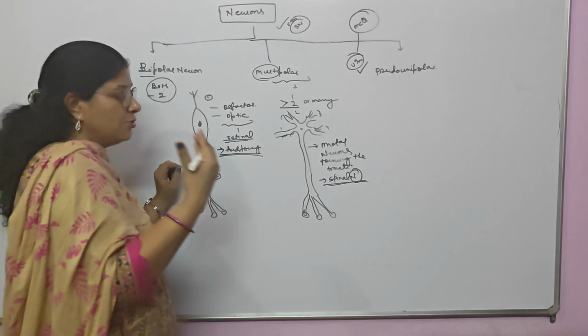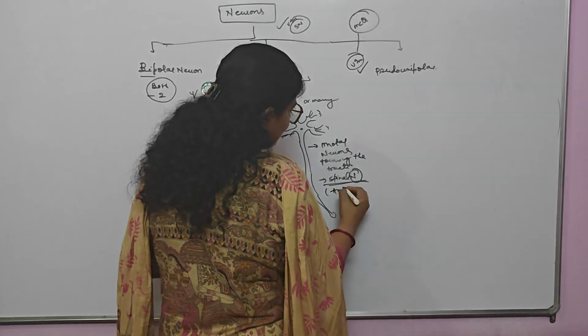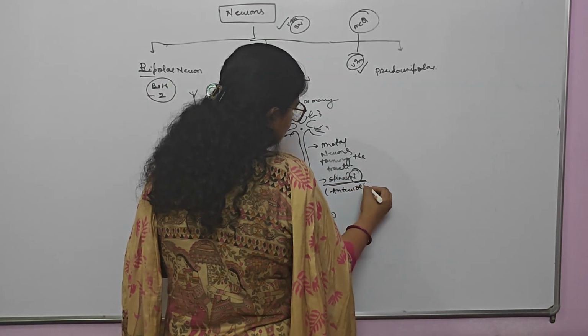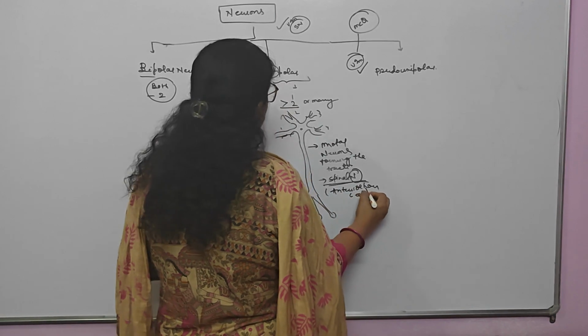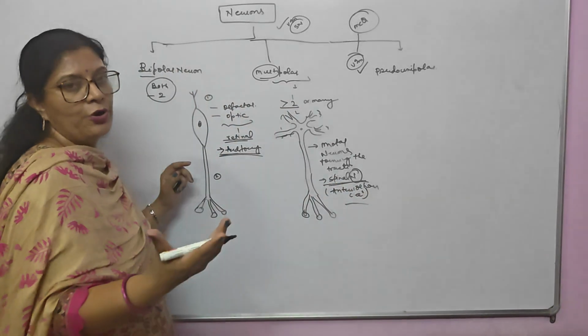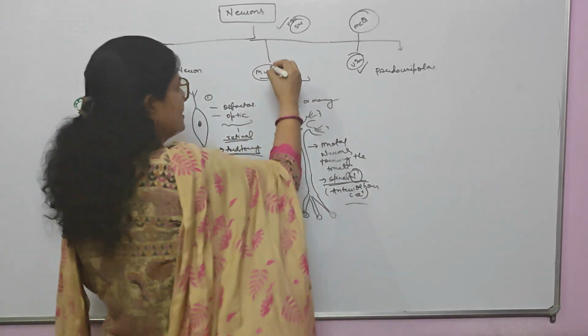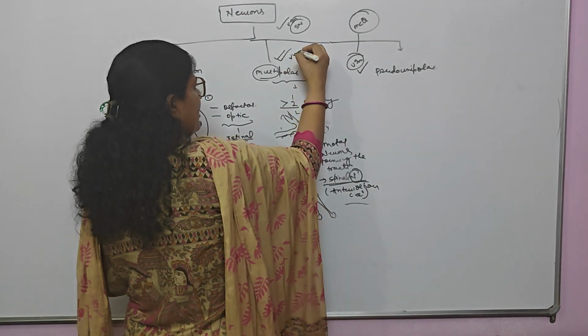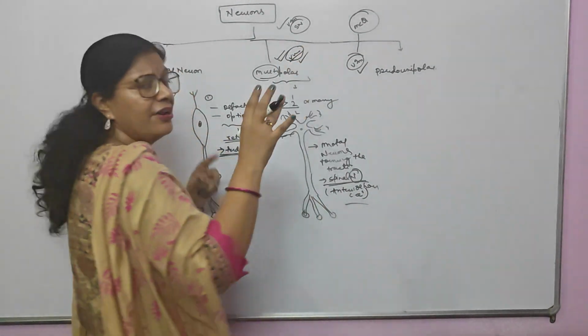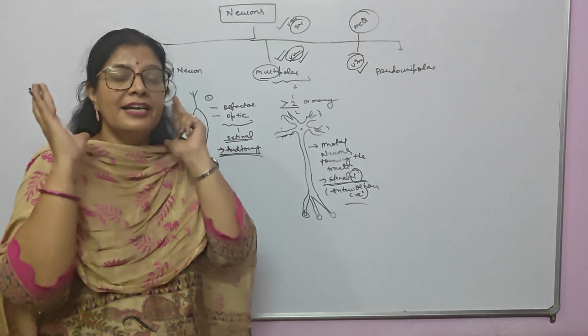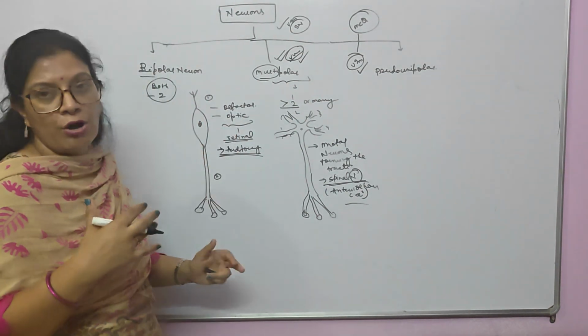So they are also the anterior horn cells. These also belong to your multipolar neurons. Okay, so this is common. This is the commonest, very common to find everywhere in the nervous system. You will find multipolar neurons.